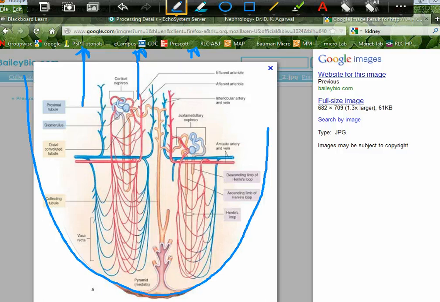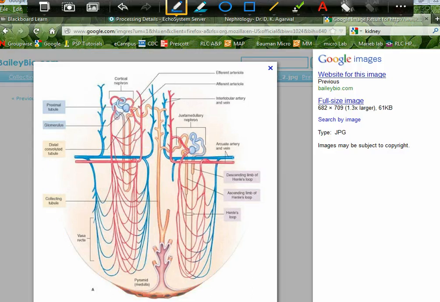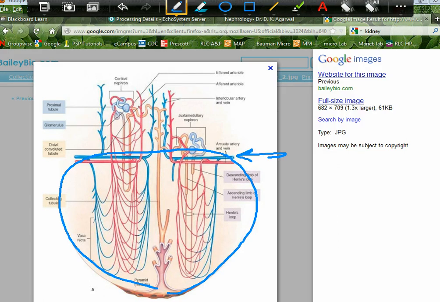This is the top of the pyramid where these blood vessels cross over. These are the arcuate right here. It's not a very good picture, but here's a pyramid right there. And the arcuate arteries and veins are the boundaries between cortex and medulla.